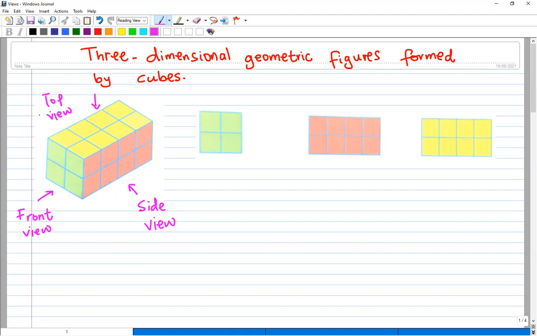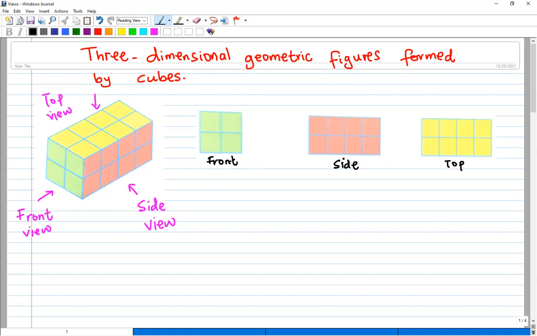Okay, now when we draw two-dimensional figures of the front view, the side view, and the top view, so we will see that this is the front view, okay, and then this one is the side view, and of course this one will be the top view.